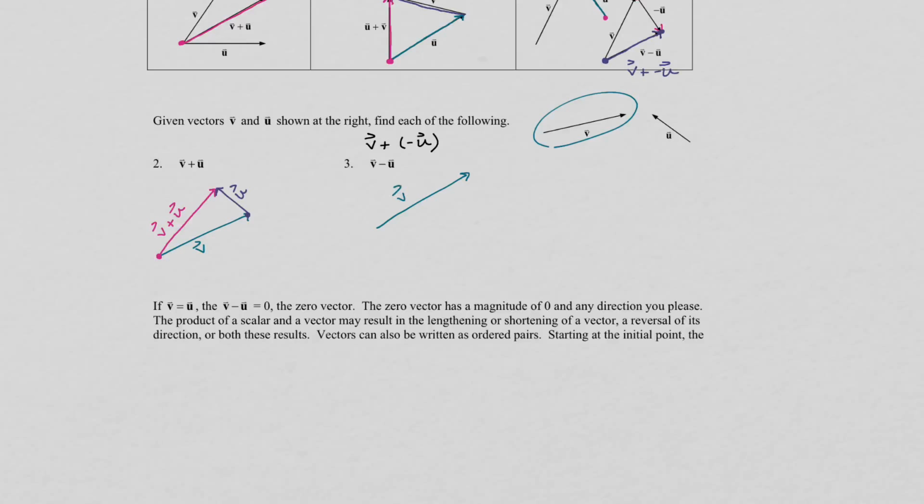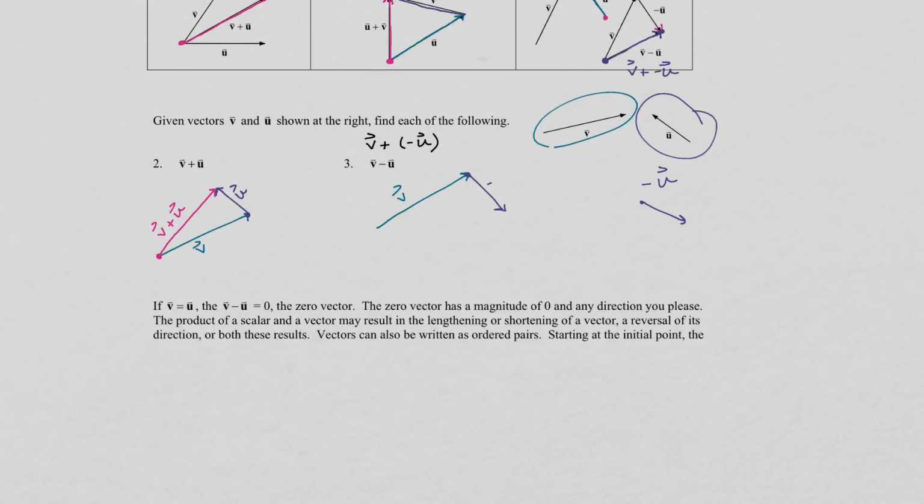And then for u, remember that we're flipping it. So instead of starting at the bottom right and ending at the top left, we're going to start at the top left. I'm going to say that negative u looks like that. So I'm going to start here, and again, just give an estimate.